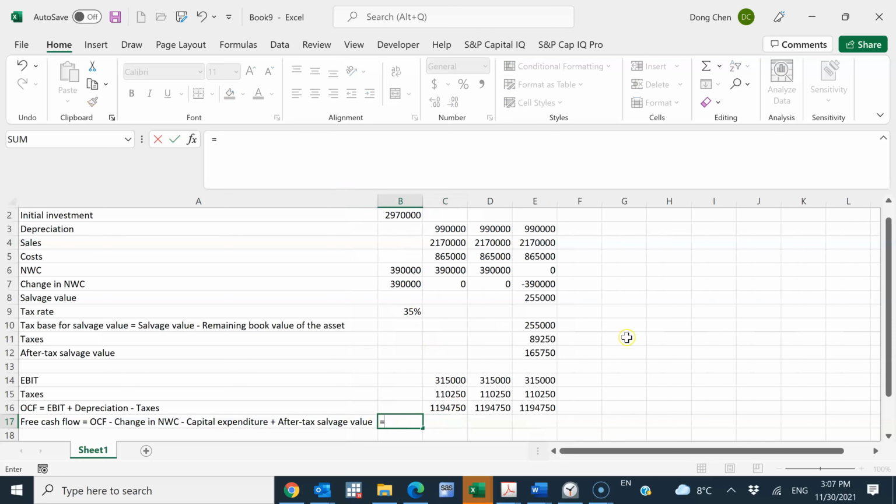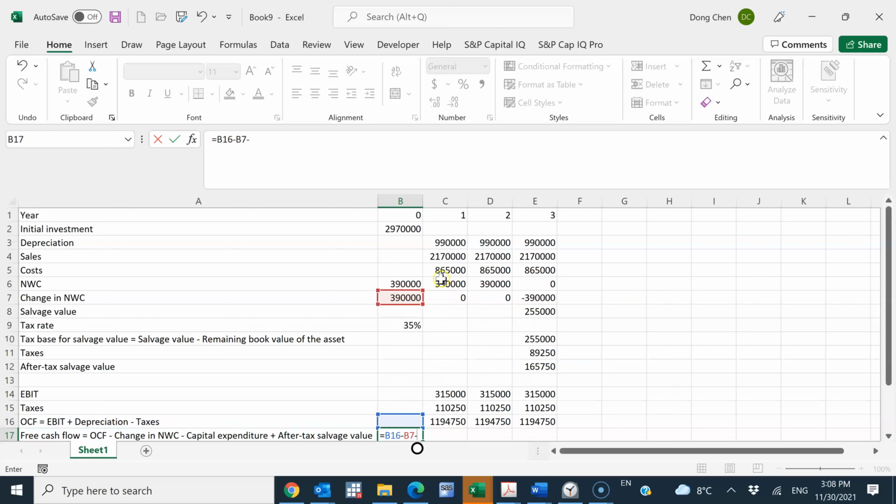So now with OCF, I can also calculate the free cash flow. So free cash flow is the OCF. Even though for the starting year 0, OCF is empty, but still I need to put this as the value because later on I want to extend the formula to all the other years. So then minus the change in NWC, and then minus the capital expenditure, which is this initial investment here, and then plus the after-tax salvage value.